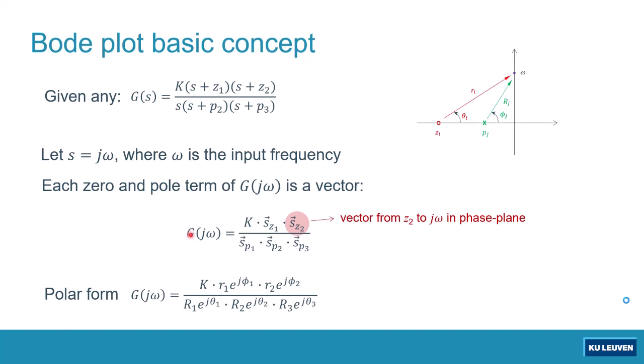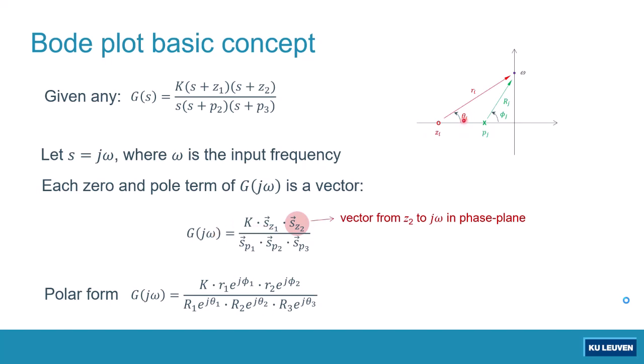The frequency response function G(jω) at this particular ω frequency is equal to K times the factors from this zero to that frequency.